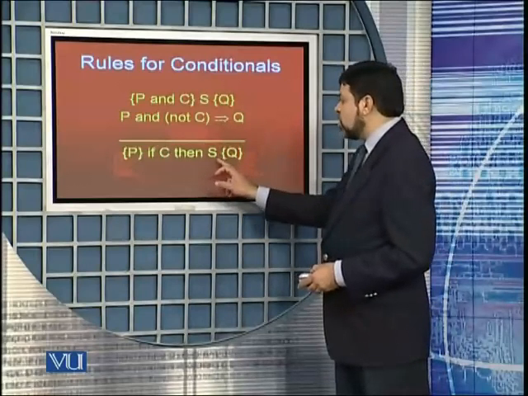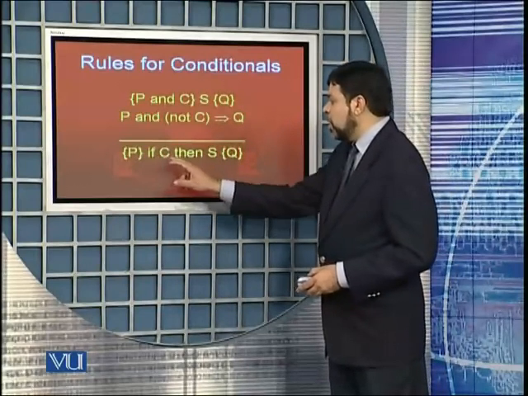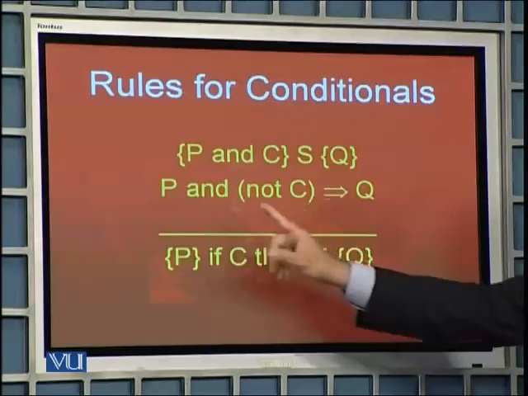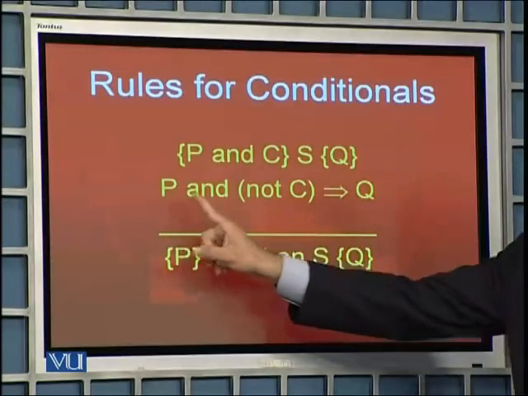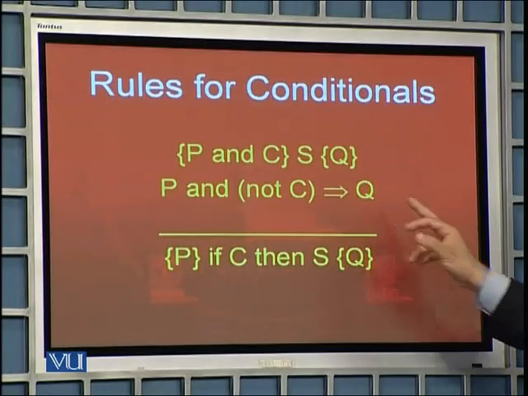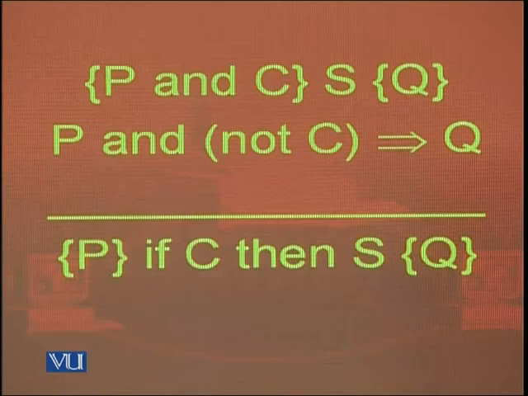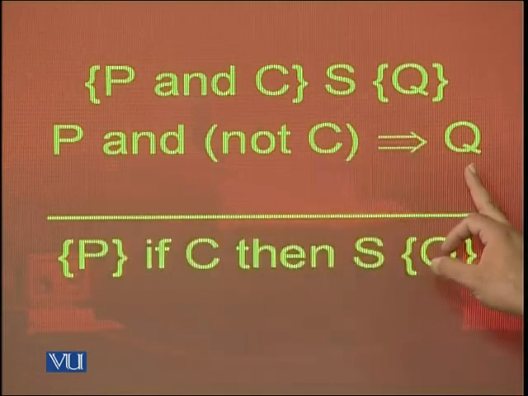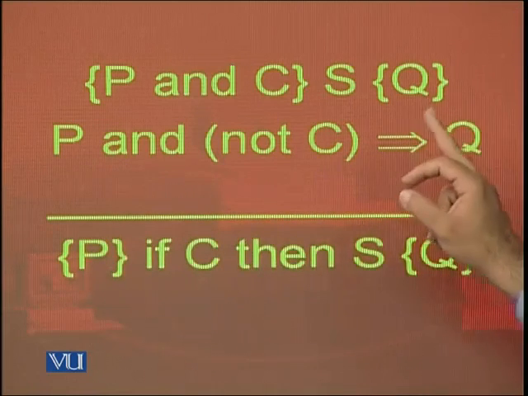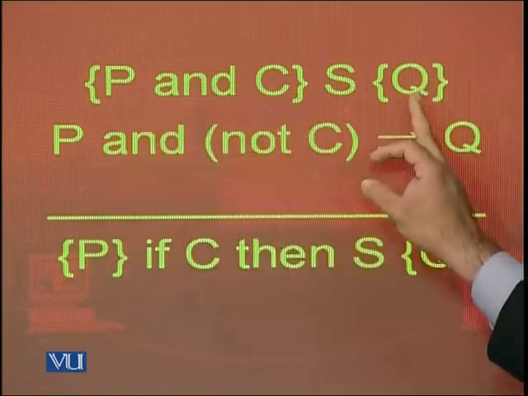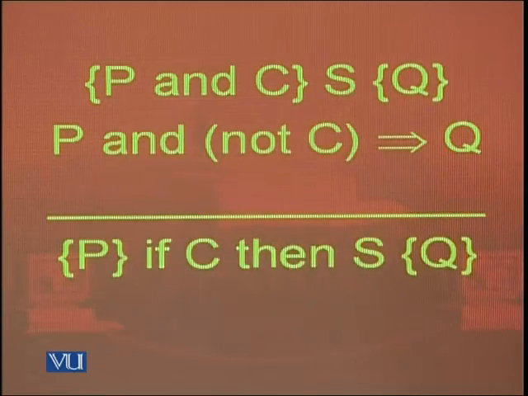That implies Q, because in that particular case, we simply skip this part and we jump straight to this Q. That means when we started with this condition P and not C, we will get the post condition Q. So in both these cases, we will get the post condition Q. So here, this condition implies Q automatically without any other statement, without executing anything. And in this particular case, we will get Q after we execute S.